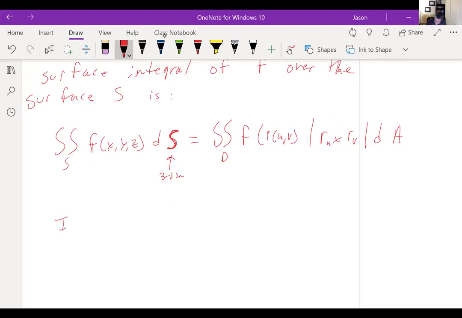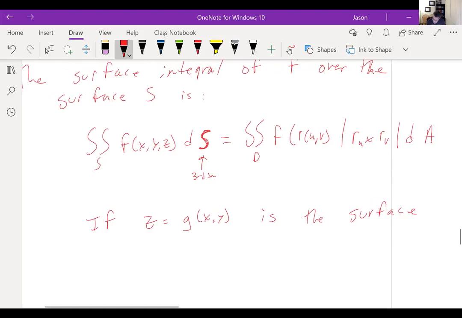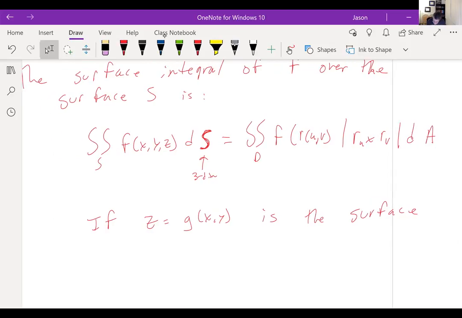Okay, if again z is equal to g of (x,y) is the surface, this is the standard case.